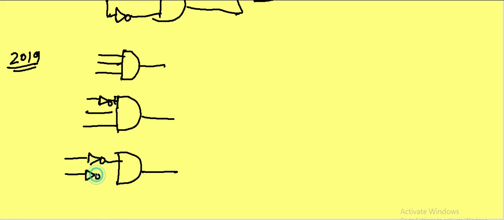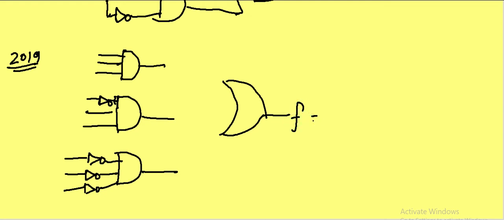Again we have another gate which has 3 inputs, x, y, and z. All are negated, or all are inverted, right? And these outputs are fed to the OR gate, and they are asking what is the value of f, or what will be the Boolean function. So here these 3 are connected to this.